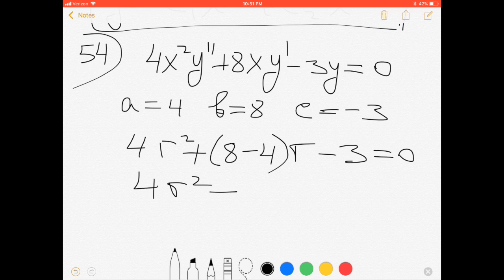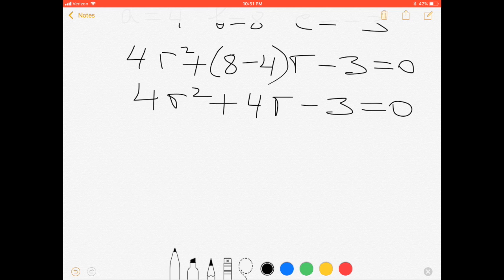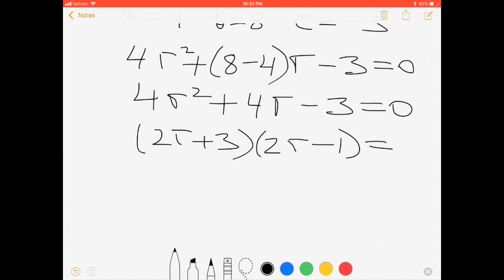This means 4r squared plus 4r minus 3 equals 0, so (2r plus 3)(2r minus 1).